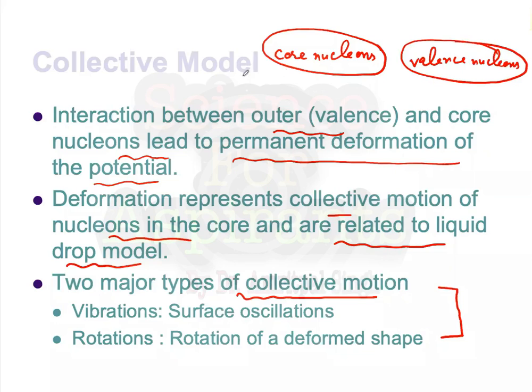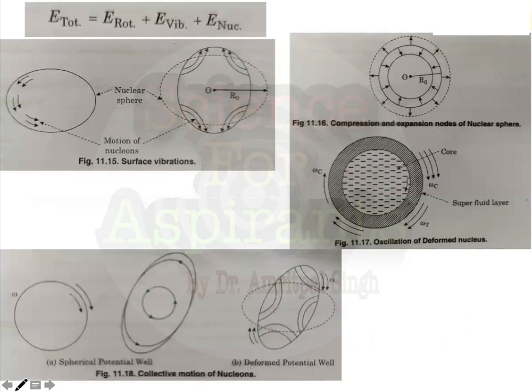The rotations and vibrations are due to the core nucleons, and the deformation occurs due to the valence nucleons. He explained separately the concept of the vibrational energy spectra of these nucleons and the rotational energy of these nucleons, so let us discuss them separately.